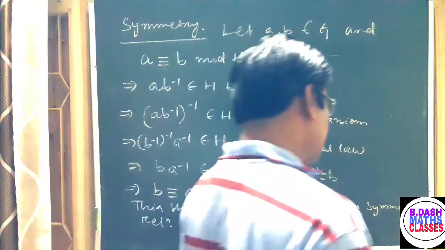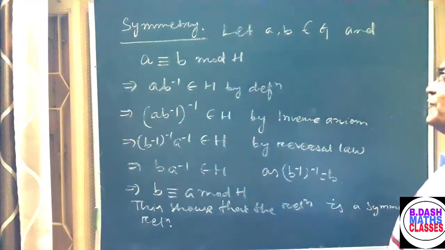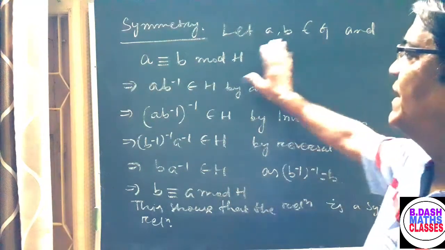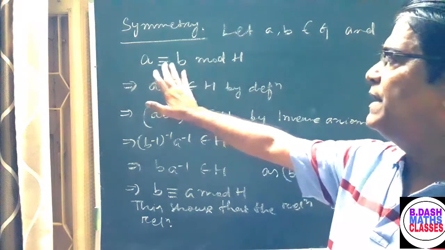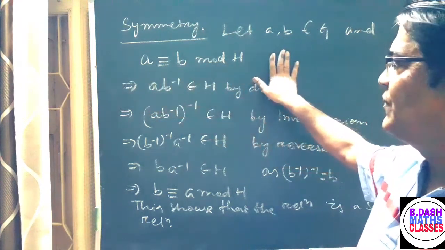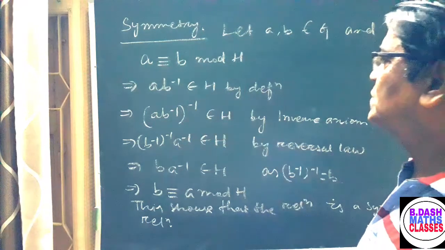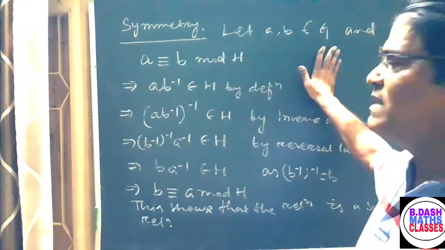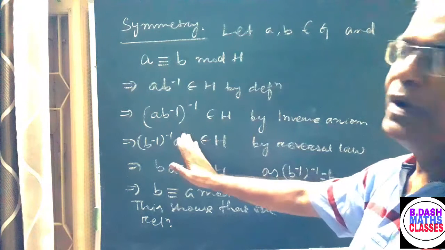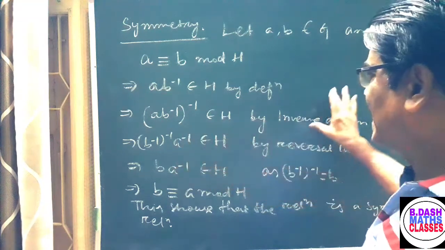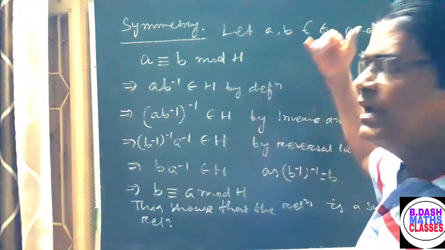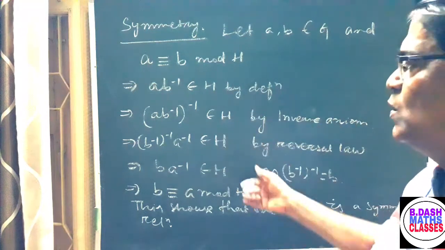So here what we have done: we have chosen two elements from G with the property a congruent to b mod H. Then a b inverse belongs to H by the definition of the congruence modulo relation. The inverse of a b inverse belongs to H by the inverse axiom, because H is a subgroup of G, so it is a group.